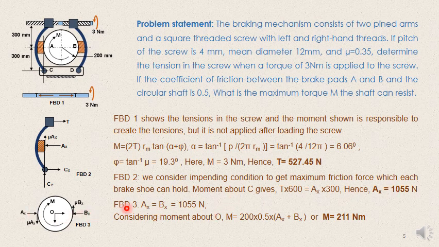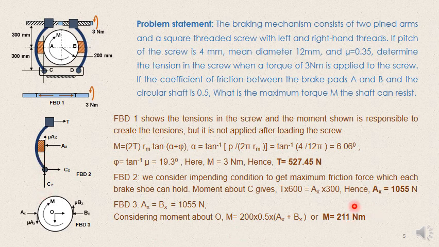Now here we have two equations, Ax equals Bx, and considering the moment about M, we can find out. If I take moment about this point, I can find Ax in terms of T, because mu into Ax is the frictional force which is coming in line.